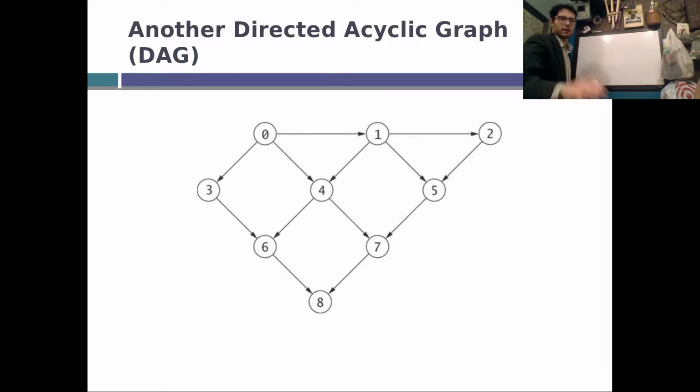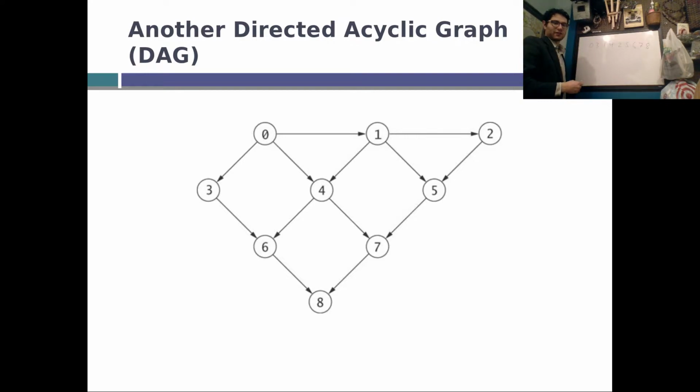Okay? Well, a valid ordering would be, let's say, 0, 3, 1, 4, 2, 5, 6, 7, 8. 8 will always have to be at the end of any valid ordering, because it's the last node.